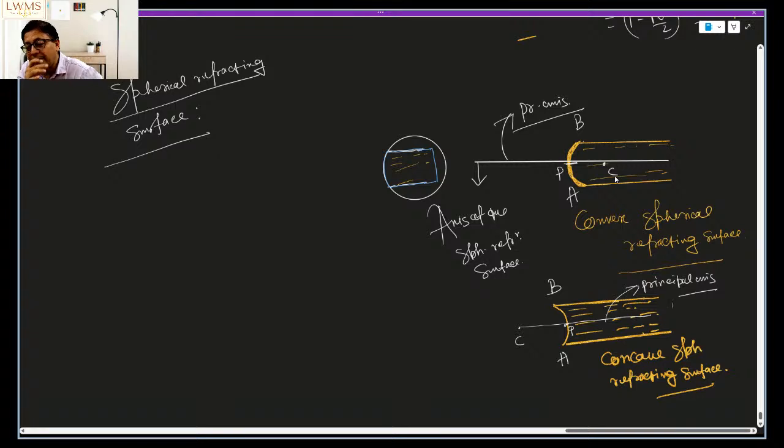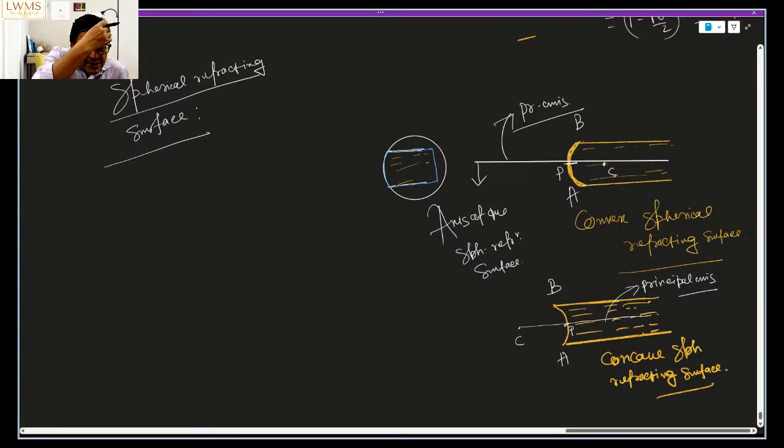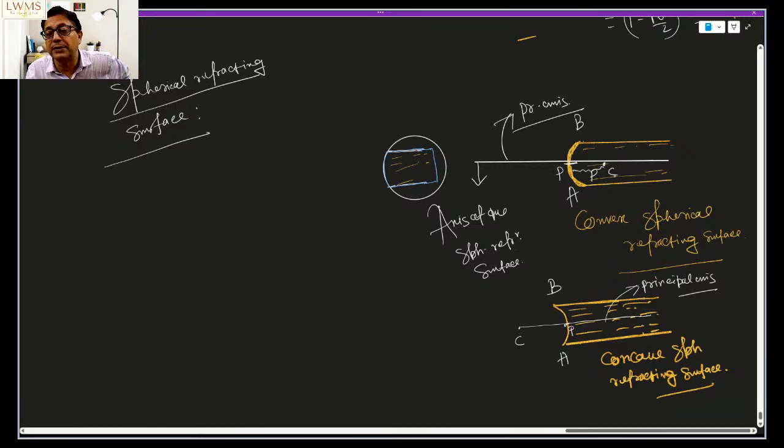You will manufacture the refracting surfaces in such a manner that this face will always be convex towards the rarer medium or concave, no other way in between. So I have to find the relation between object distance, image distance and radius of curvature. This part is going to be the radius of curvature.